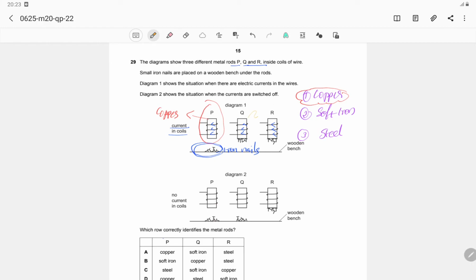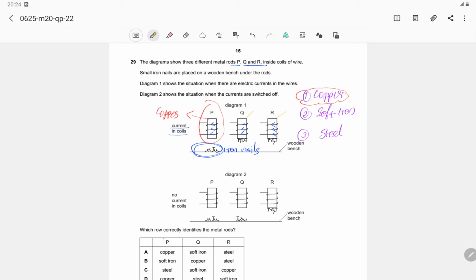Now let's look at metals Q and R. Here you can see when the current in the coil is on, both Q and R coils are electromagnets. At that time Q and R become magnets. That's why they are attracting the iron nails kept under them.